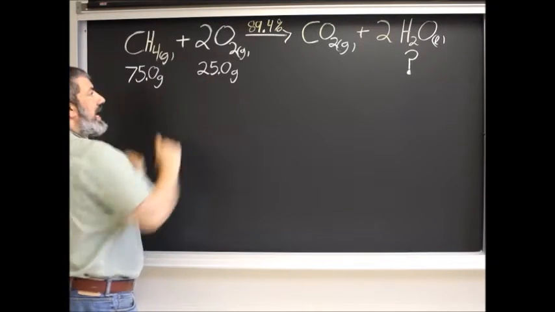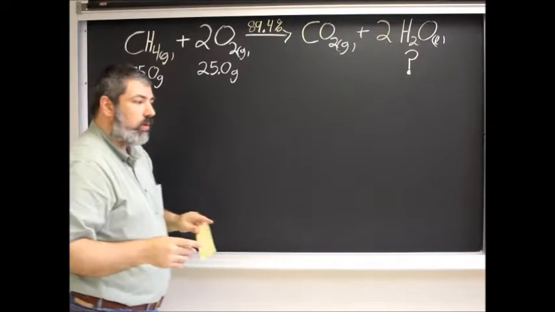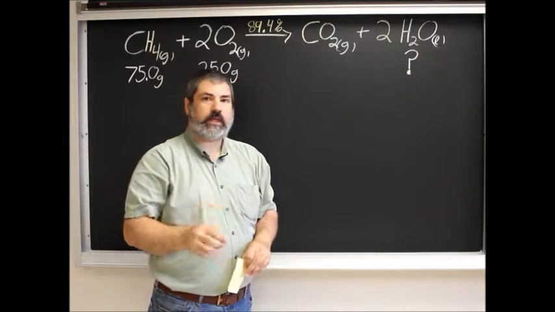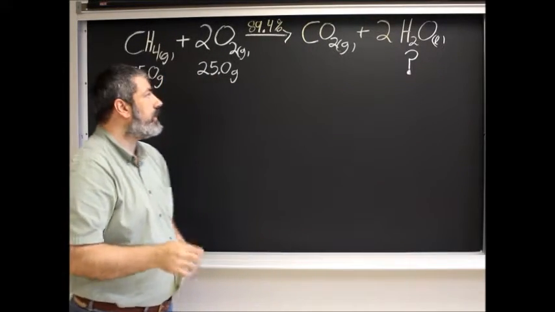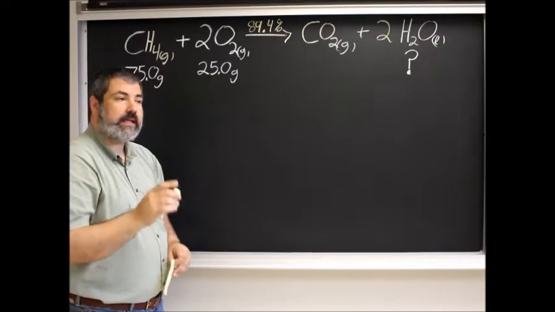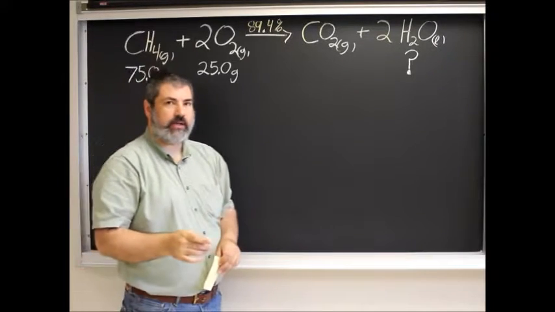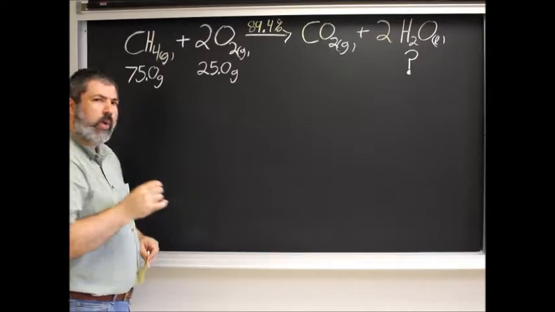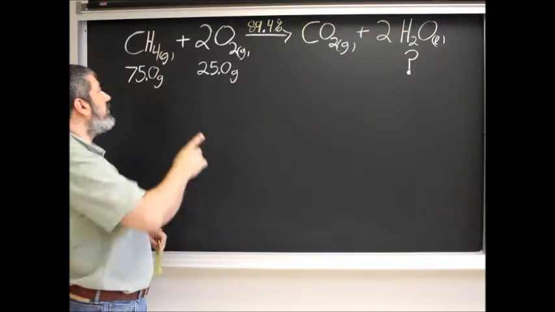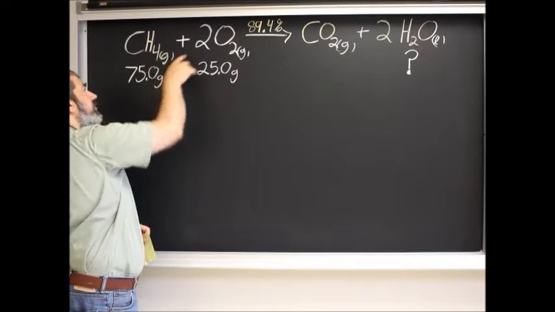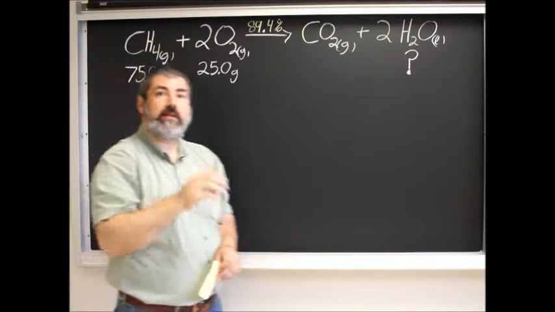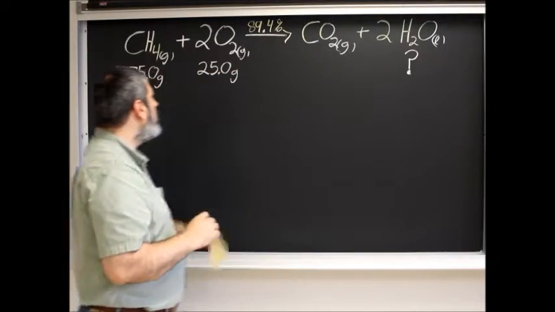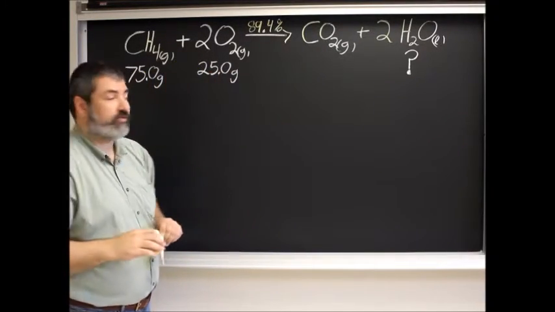We're given two reactants, so for this particular stoichiometry problem, we're going to have to do two separate calculations. One of them will be wrong. What we're going to indirectly do is determine which one of these two reactants is the limiting reagent. It's either the methane or the oxygen.